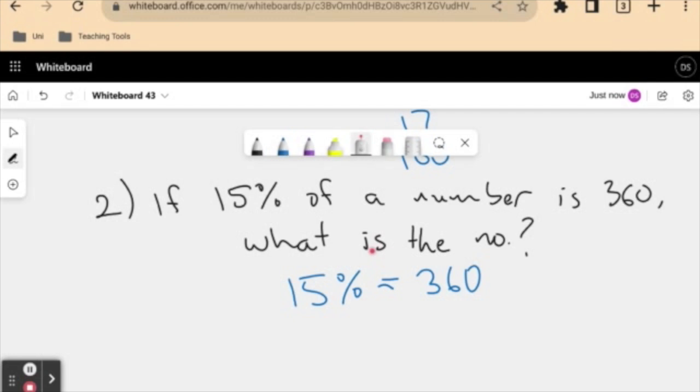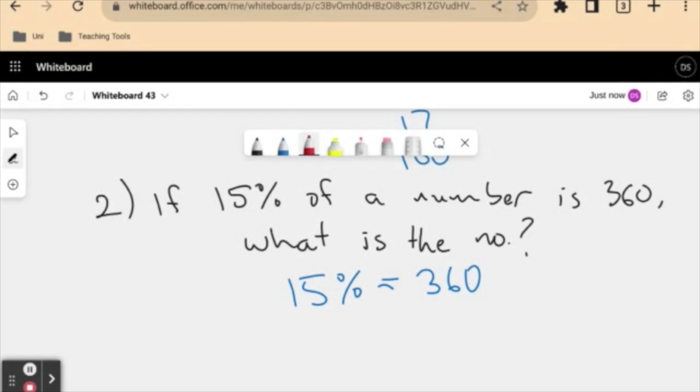If a smaller percentage of this number is 360, then I'm going to do a couple of mathematical processes to find what number makes up 100%, what number makes up that whole. And we can do the exact same thing because I can't get 15 to 100 very easily. It's not really a factor of 100, but I can get it to 1%, and I can get 1% to 100% pretty easily. This one is so powerful in mathematics.